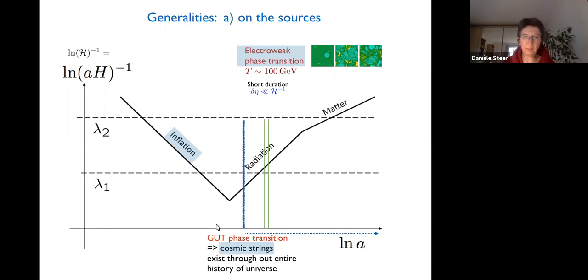So I think the answer would be that if you were actually looking at a stochastic background generated from preheating, which people do, that's where that effect would come in. But the sources which I'm going to look at here are all after the preheating period, well in the radiation era.